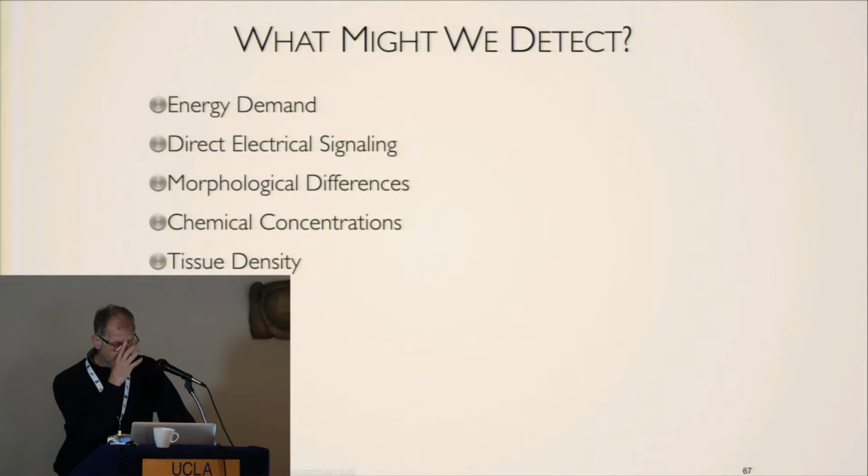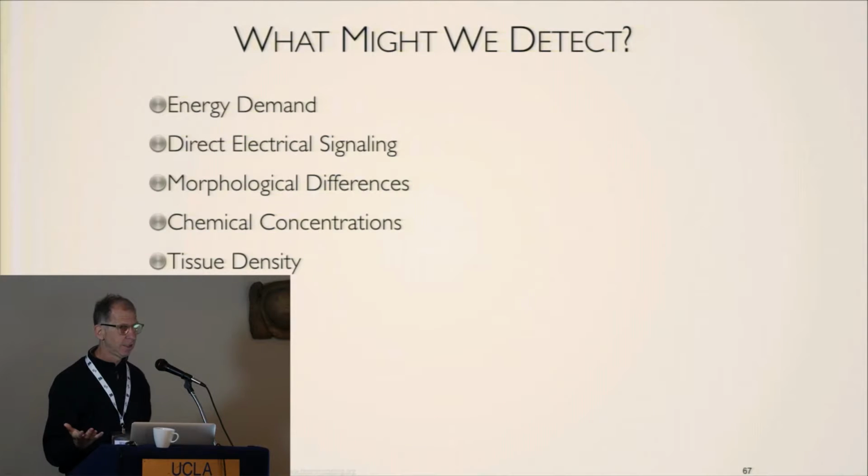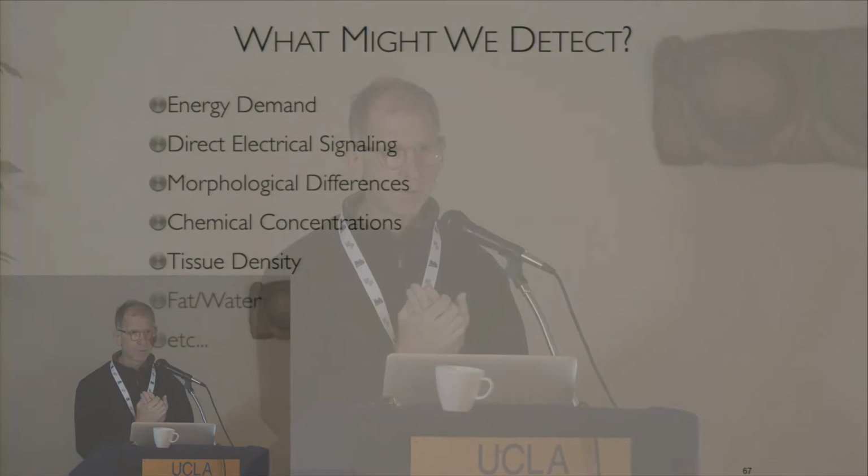Okay, so given all of this, what kind of things might we be able to detect using functional imaging methods? Presumably what imaging methods detect is the energetics, presumably driven by things like the sodium-potassium pump and the cycling of transmitters. We can detect direct electrical signaling if you happen to be able to get an electrode near the neurons.